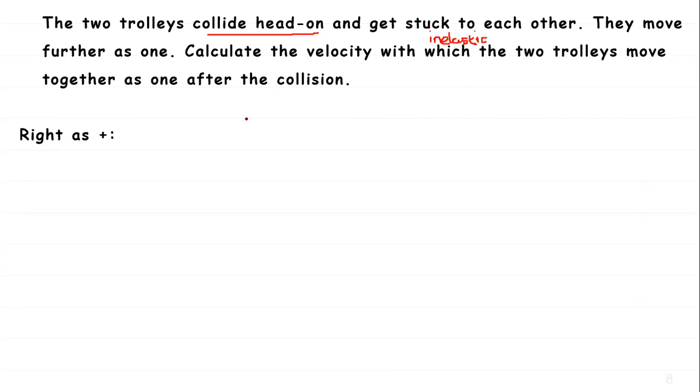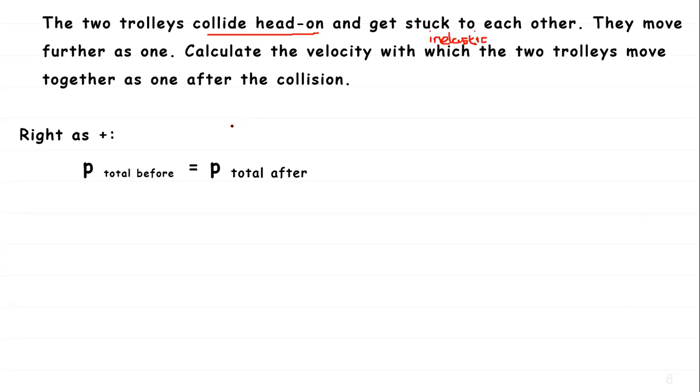Then we are choosing to the right as positive. Then we apply the principle of conservation of linear momentum. Now remember what the principle says in words. It says the total linear momentum of an isolated system remains constant, or the total linear momentum of an isolated system is conserved.